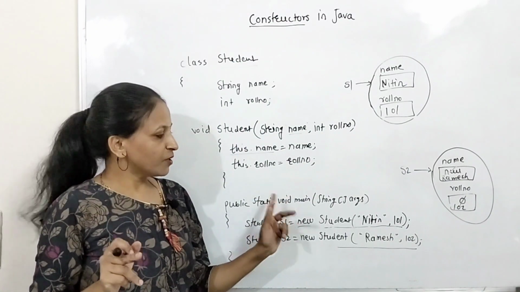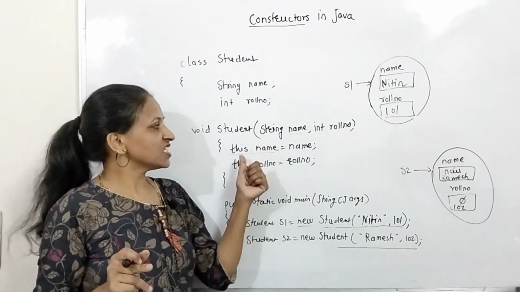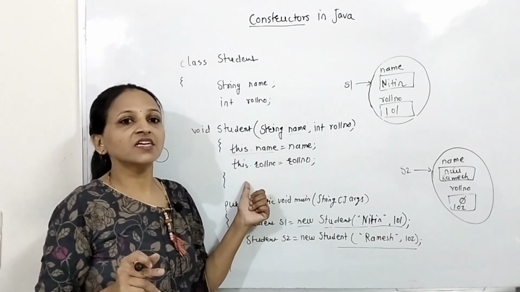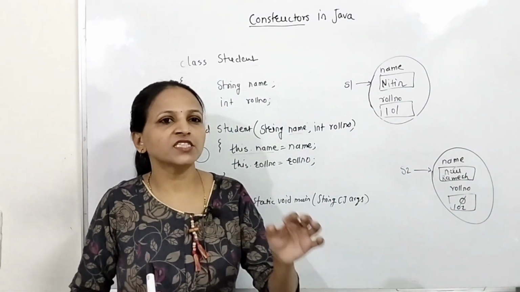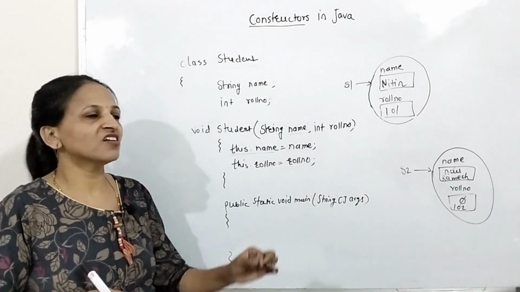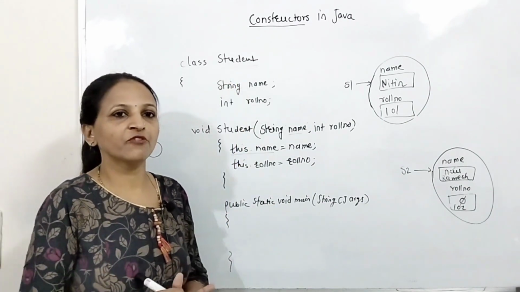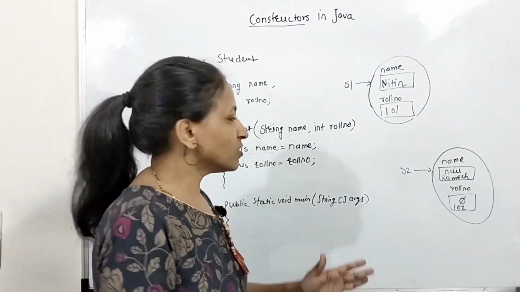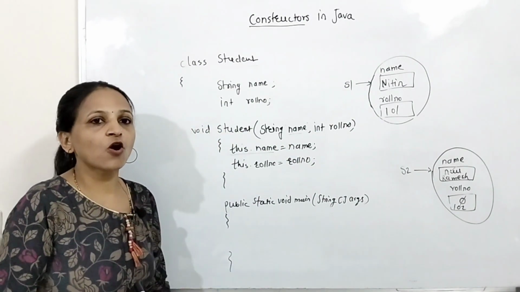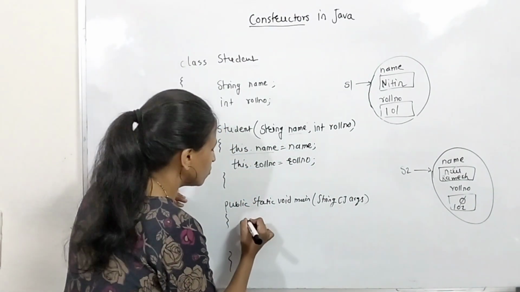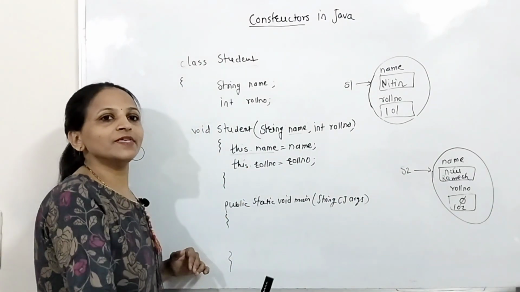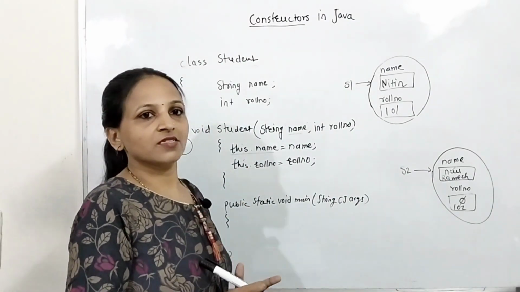The error will come at object creation, because this is now a method of the class, not a constructor. You can give a method the same name as the class, no problem. But now this is a method, so you cannot call it at the time of object creation. You can call it explicitly just like other methods.